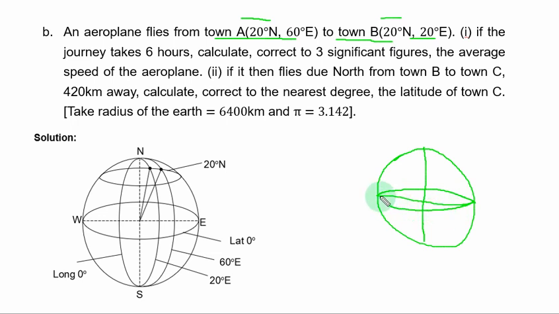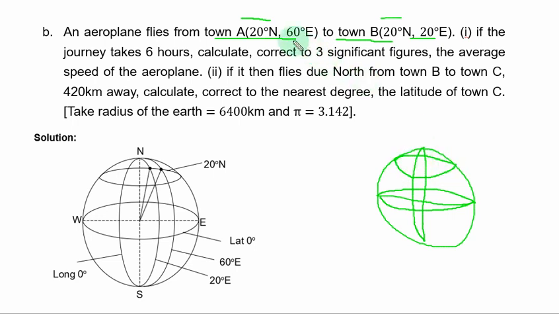Now the longitudes are on the east part, so let's draw the prime meridian on the west, that is longitude 0 degrees. After the equator, we have the latitude 20 degrees north of the equator. That is a small circle, a parallel of latitude, so you draw latitude 20 degrees.